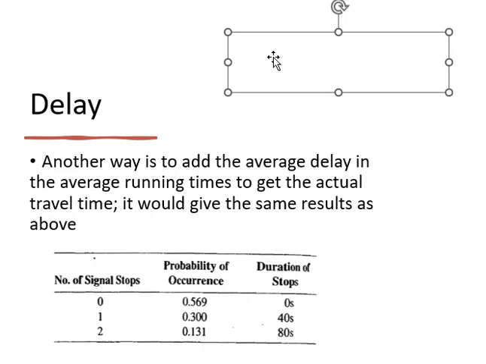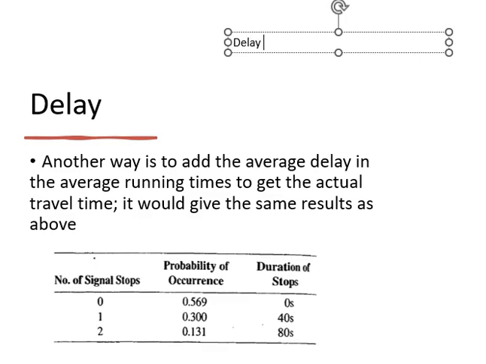Okay, so we have the average delay and we have the possibility. If I want to calculate the average for all vehicles, I'll take the value and multiply with the possibility. If I take this value and multiply with the possibility, it will become 0. If I take this value, the possibility is 30%.